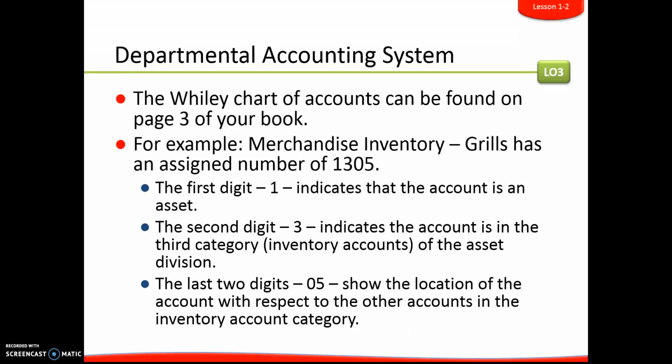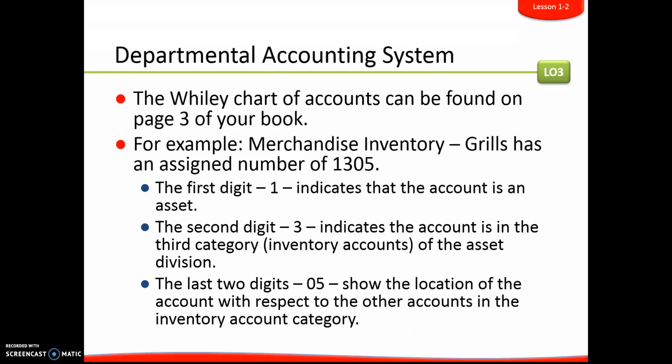The merchandise inventory grills has an assigned number of 1305. So if you remember, the first digit indicates that the account is an asset. Okay, we have assets, liabilities, stockholders' equity, revenue, expenses, and then we also have other, which is the 7,000s. The second digit, which is the 3, indicates the account is in the third category or inventory accounts of the asset division.